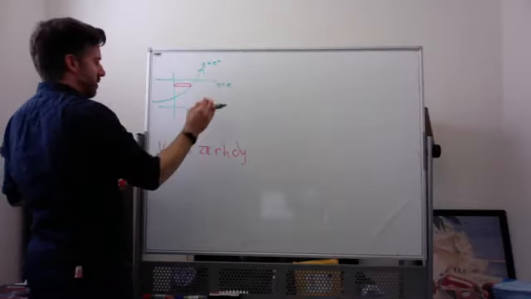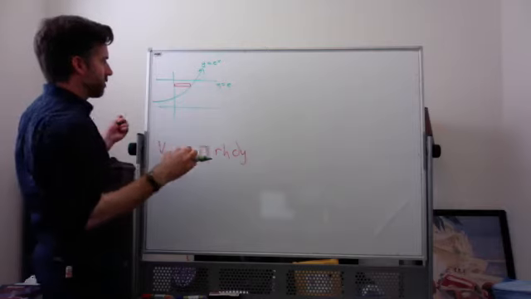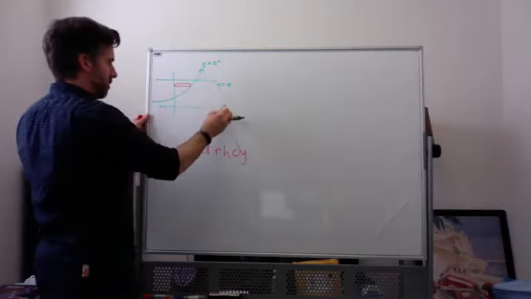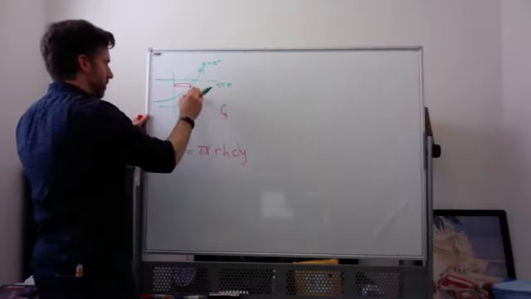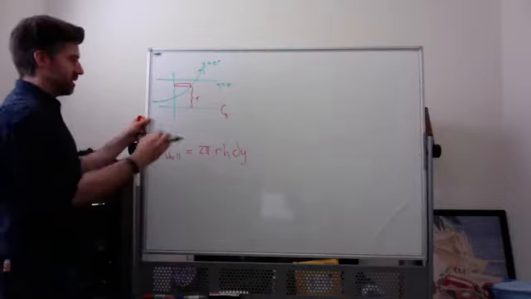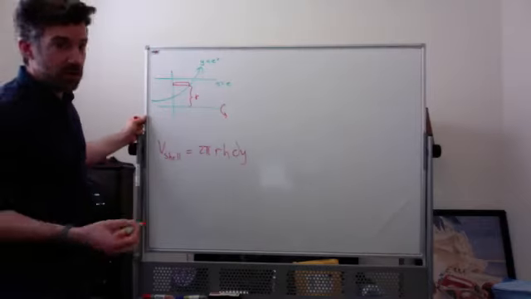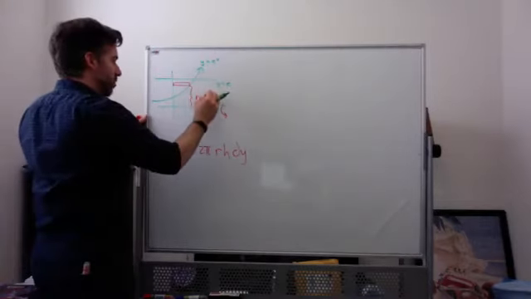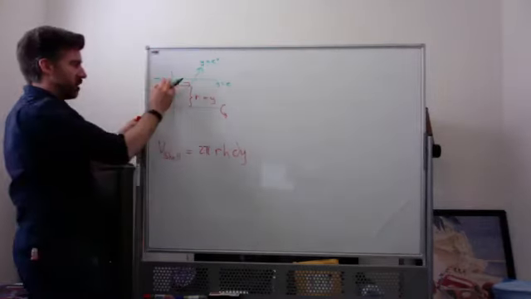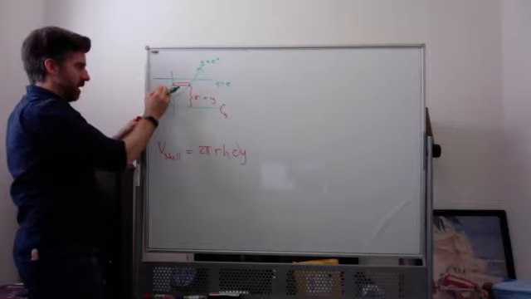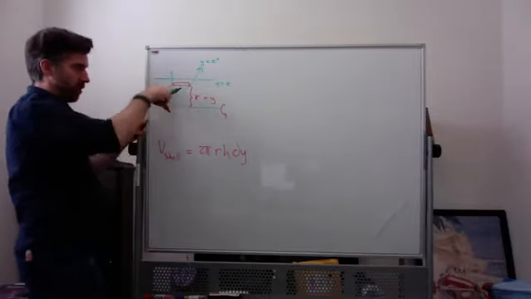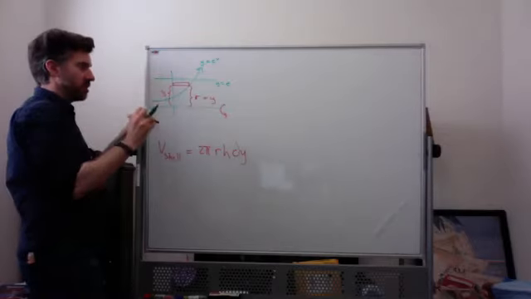So for the shell method, the radius is just how far your strip is from the axis of rotation. Right around there. So there's my radius. It's just the distance from your strip to the axis. It's usually just the variable. So in this case, the radius is just y, because we're imagining this strip at a height of y, where y is going to go from whatever this number is to whatever this number is.